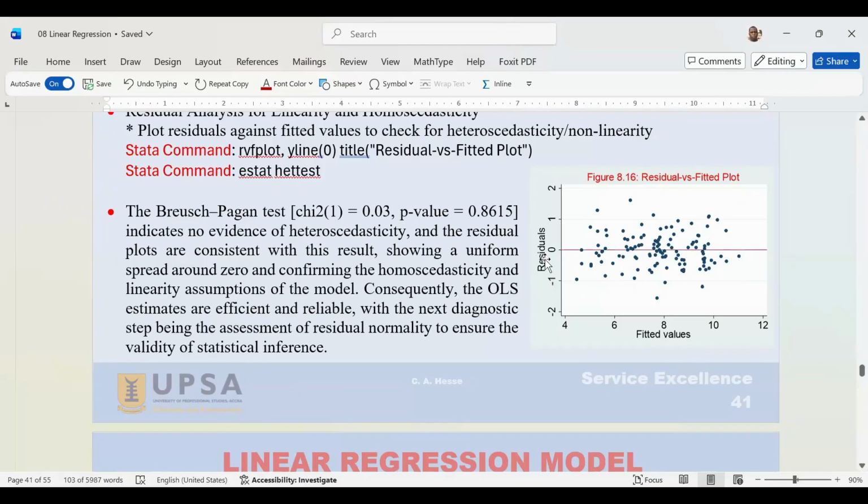You look at the residual plot for non-linearity. What was the conclusion? It confirms the homoscedasticity and the linearity assumption. So there was nothing like violation of the linearity assumption. They were both validated.